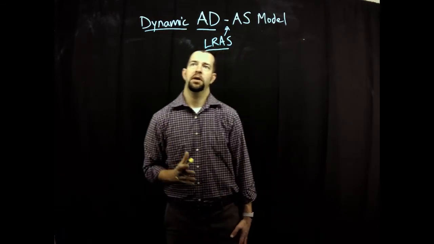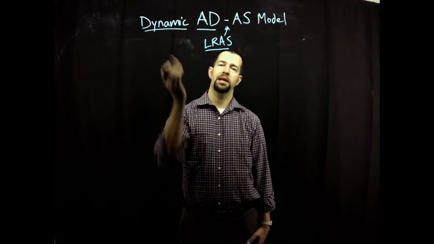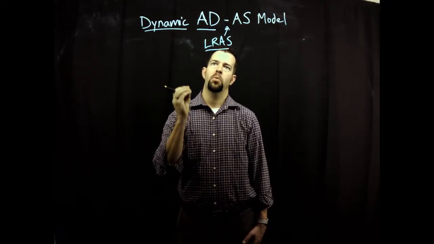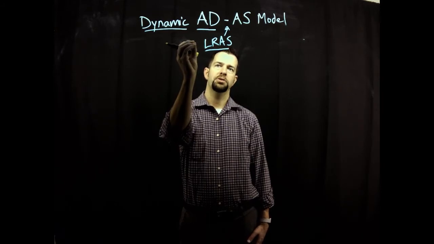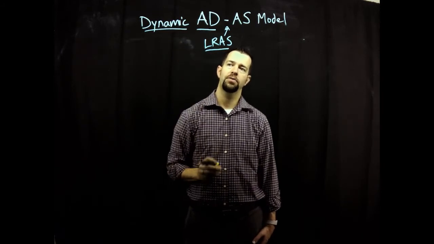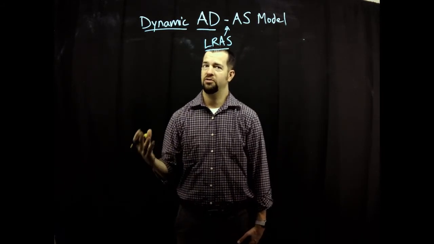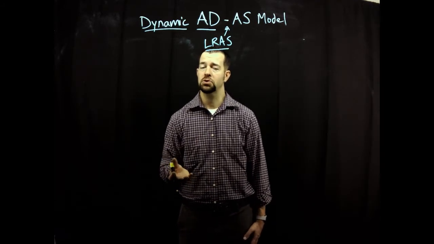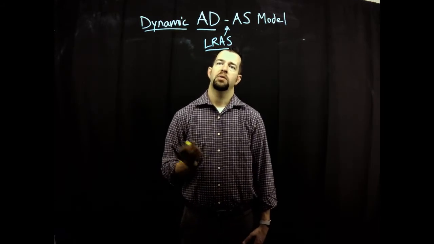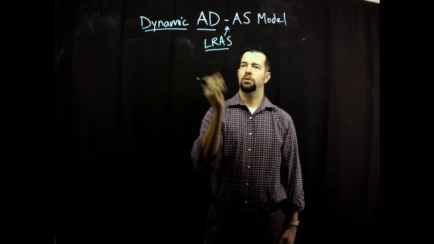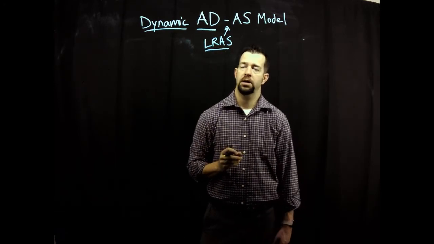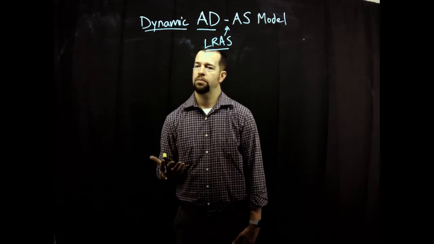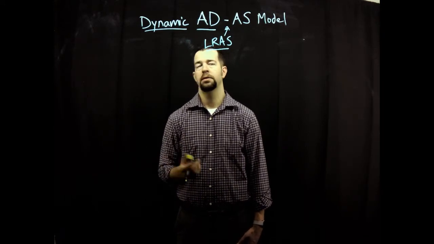In the first video, we talked about what is dynamic and used it to derive the aggregate demand curve from the dynamic quantity theory of money equation, brought forth to us by the monetarist school. In the second video, we derived the long-run aggregate supply curve, brought forth by real business cycle theory.